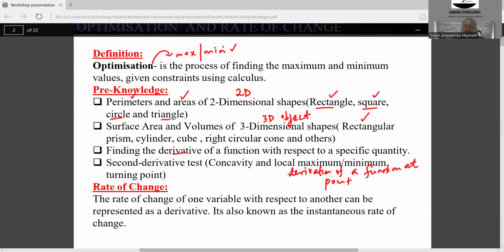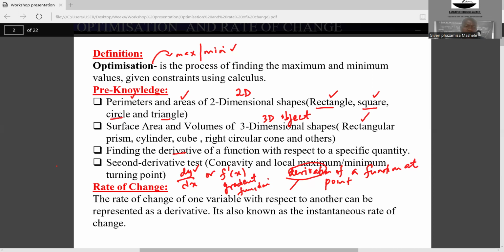This has to do with the gradient at one point, which you call dy over dx, the derivative of function y with respect to x. Or we can use f prime x, which is just the derivative of a function f with respect to x, which has to do with a gradient function at a point.